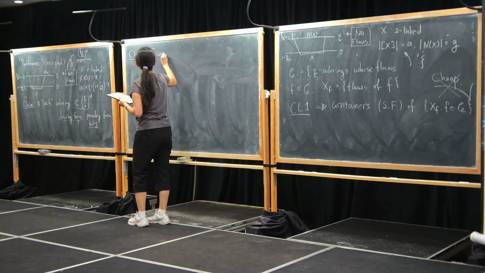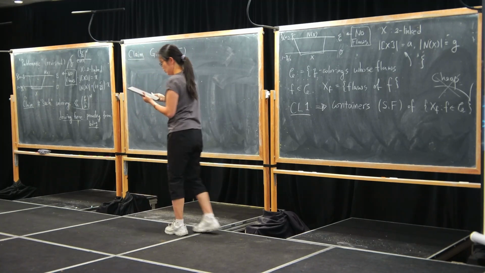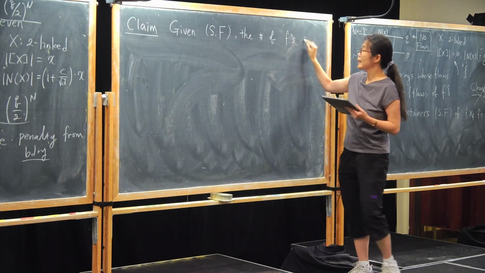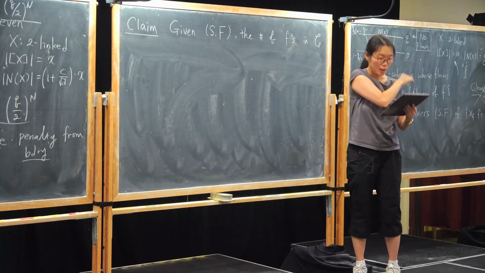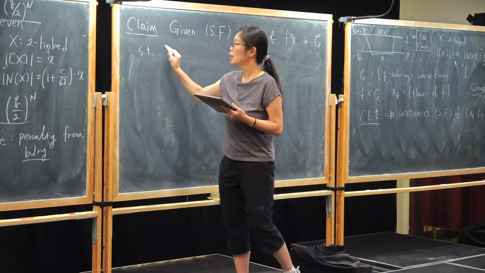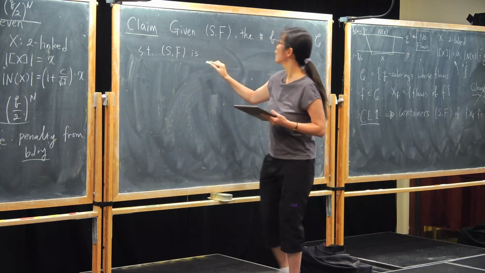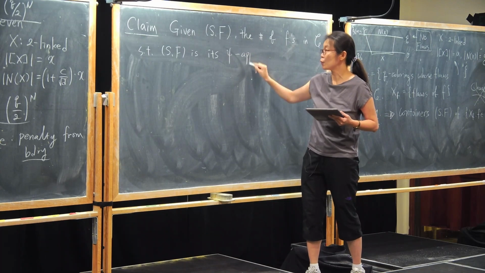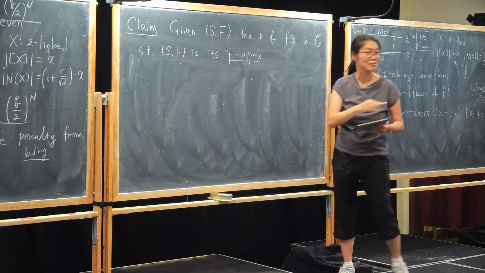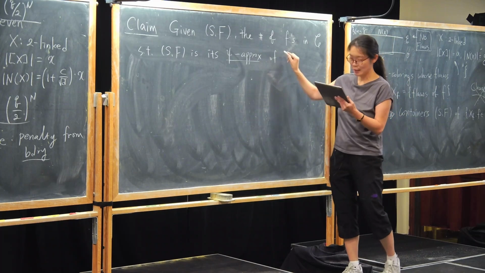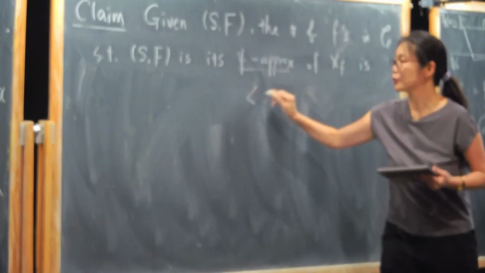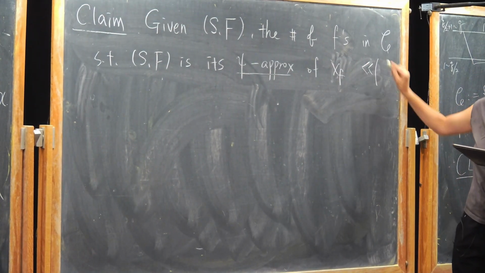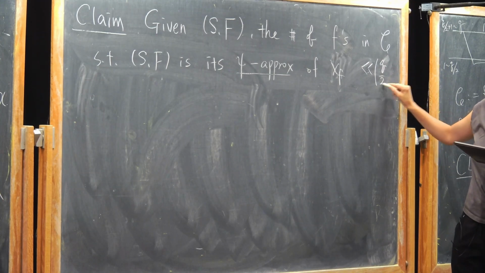Given a container SF, the number of Fs in C, so the number of these spatial bad colorings, such that SF is its container, or the fancy word that we used last time is psi approximation, but if this is too hard, then you can just read it as a container approximation of XF, is much smaller than q over 2 to the n.